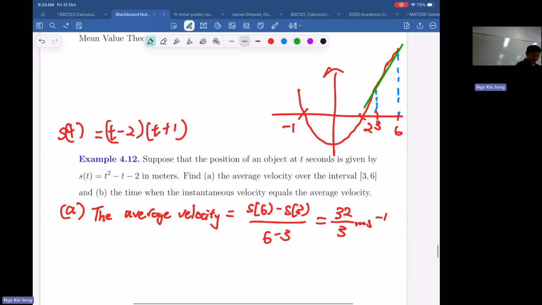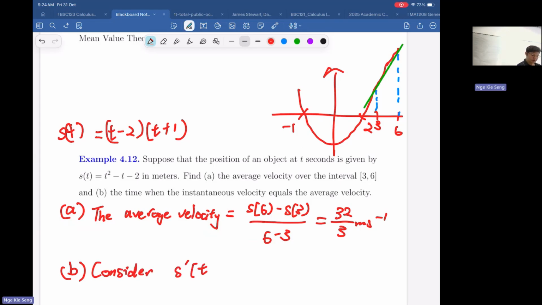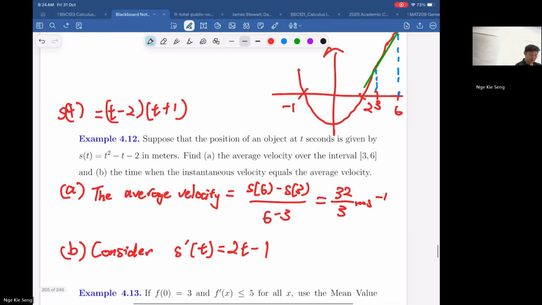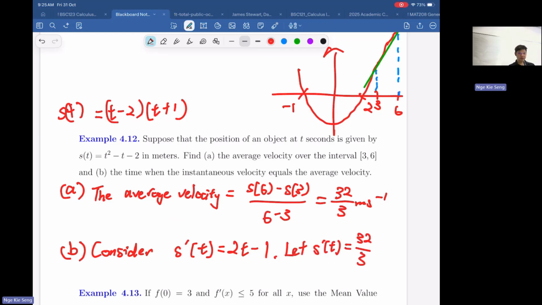We want to find the t's. Let's consider the derivative x prime of t, which equals 2t minus 1, and let x prime of t equal 32 over 3.